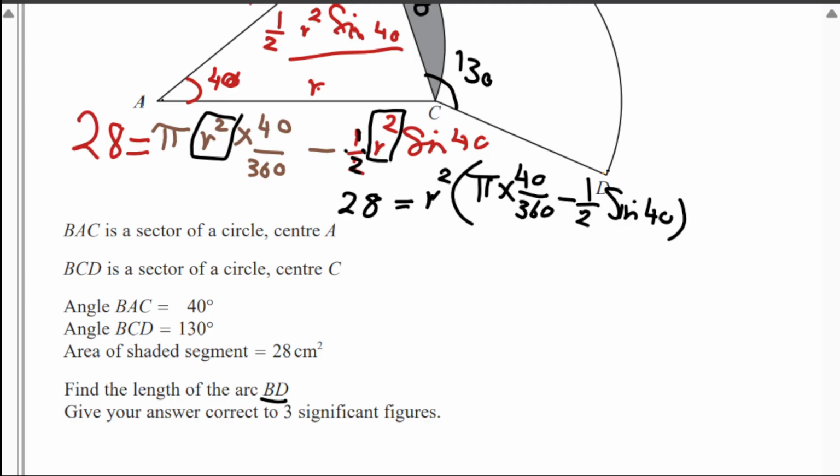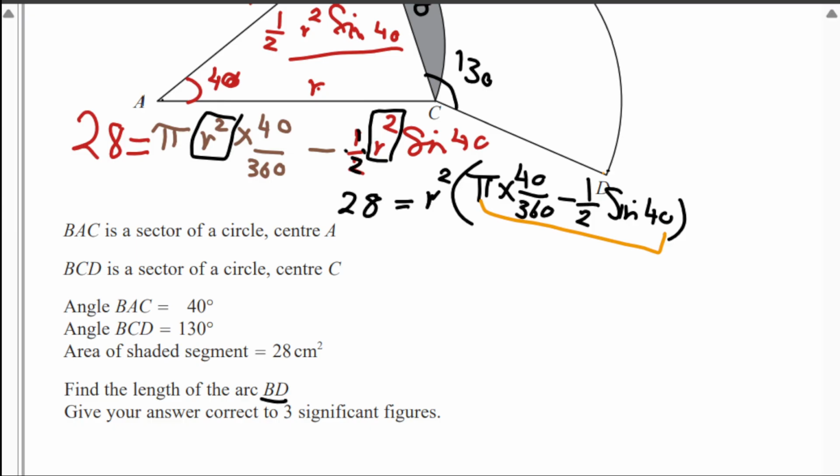Now I'll plug all this in the calculator to make things easier. Alright, so let's do that in the calculator. That's a lot, isn't it? So pi times 40 divided by 360 minus 0.5, which is a half, sine 40.